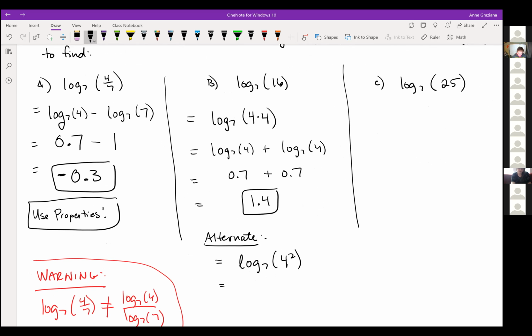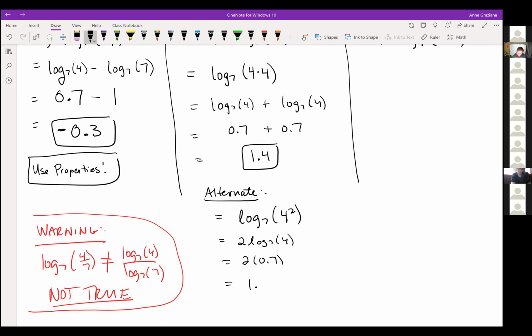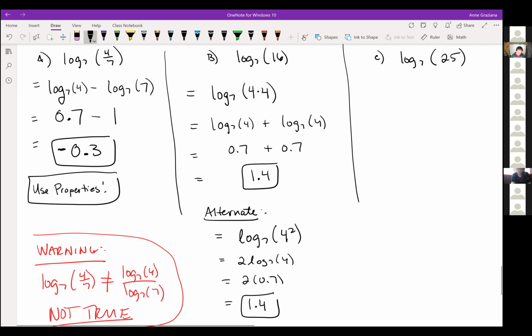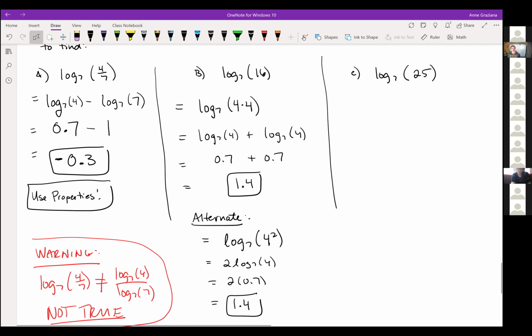And this is 2 times log base 7 of 4, which is 2 times 0.7, the exact same thing as above, 1.4. Again, many times there's more than one way, but I have to make sure you follow your properties.